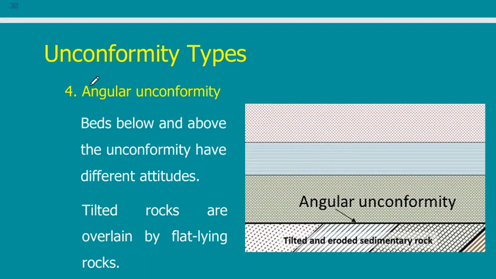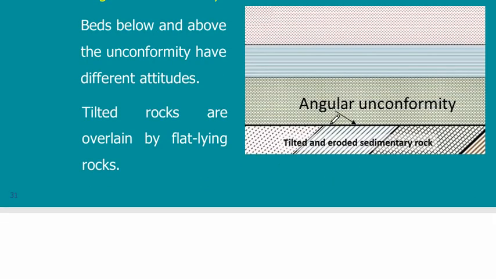The last type is called angular unconformity. This happens when the layers below are angular, they are not horizontal, they are inclined layers. These inclined layers have an upper unconformity line.